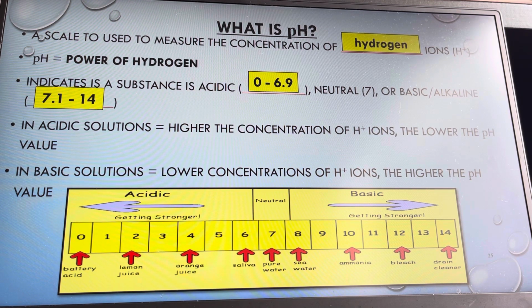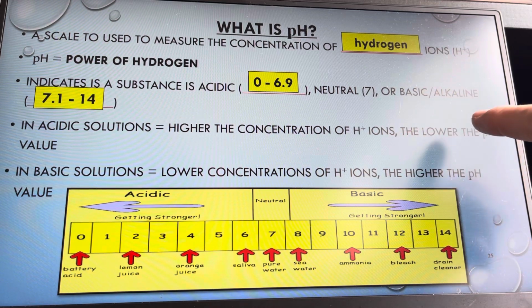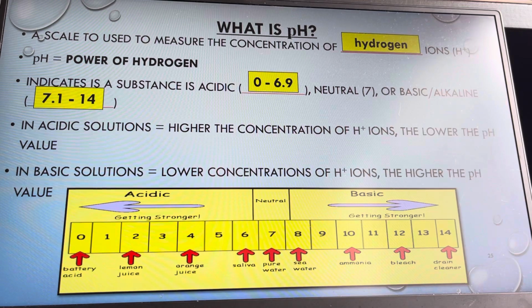So the strongest acids will have the lowest numbers, and the strongest bases will have the highest numbers. That's what this says. The higher the concentration of ions, the lower the pH. And in basic, the lower the concentration of hydrogen ions, the higher the pH, okay?